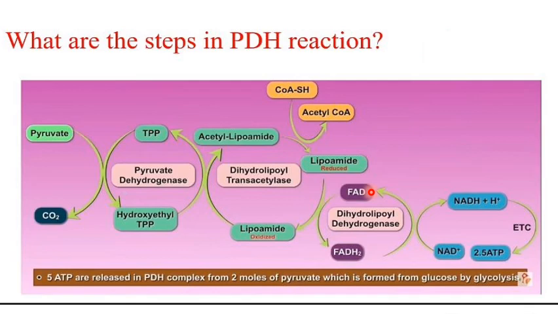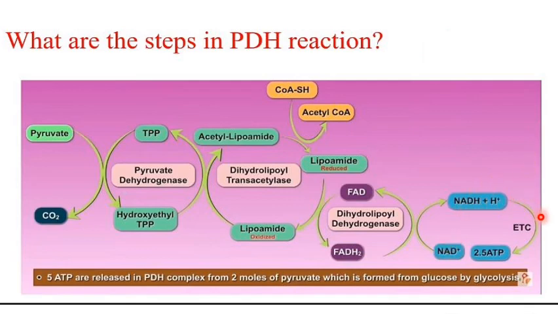The E3, which is the dihydrolipoyl dehydrogenase, will collect two electrons from the reduced form of the lipoamide to form the oxidized form of lipoamide again, thereby transferring those electrons to FAD, and you have FADH2. Now, FADH2, in the presence of NAD plus, will give these two electrons, returning to FAD, and then transfer the electrons to NAD plus and hydrogen plus.